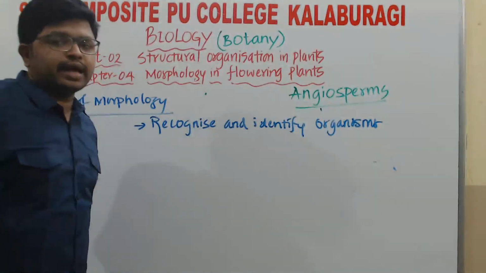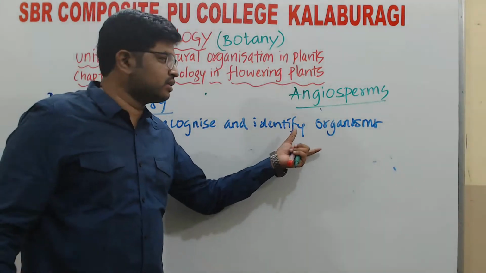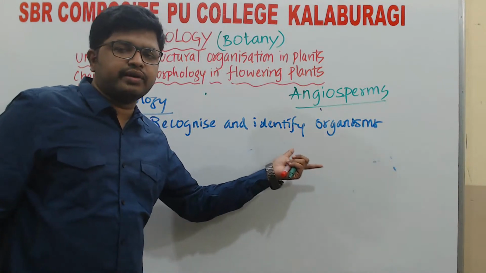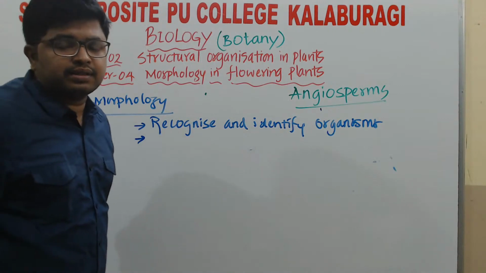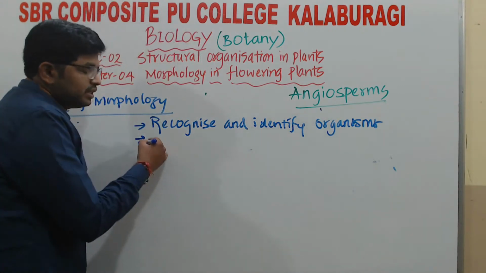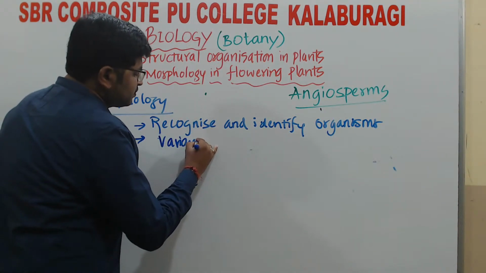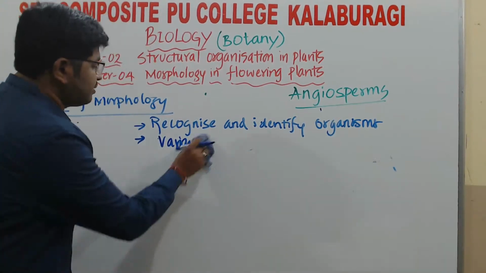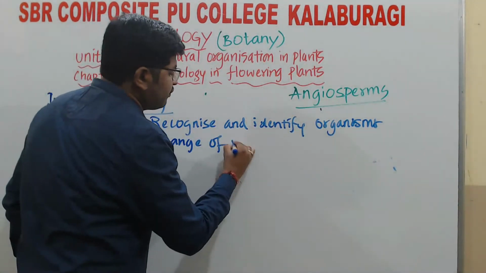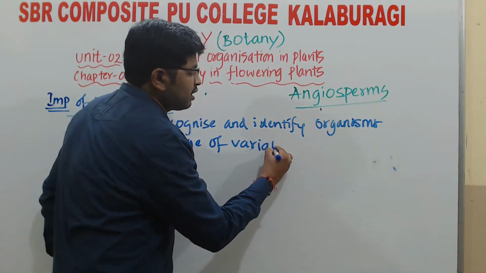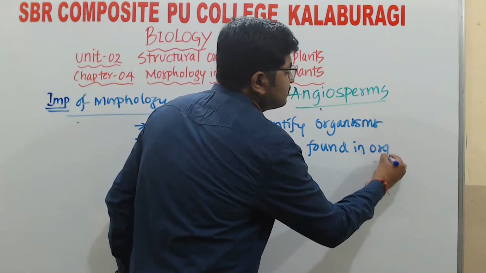To recognize and in recognition and identification of organism. In this context, we can say plant species. Okay, since we are dealing with botany, we can say plant species. Now, second important thing, it helps us to understand the range of variation found in an organism.